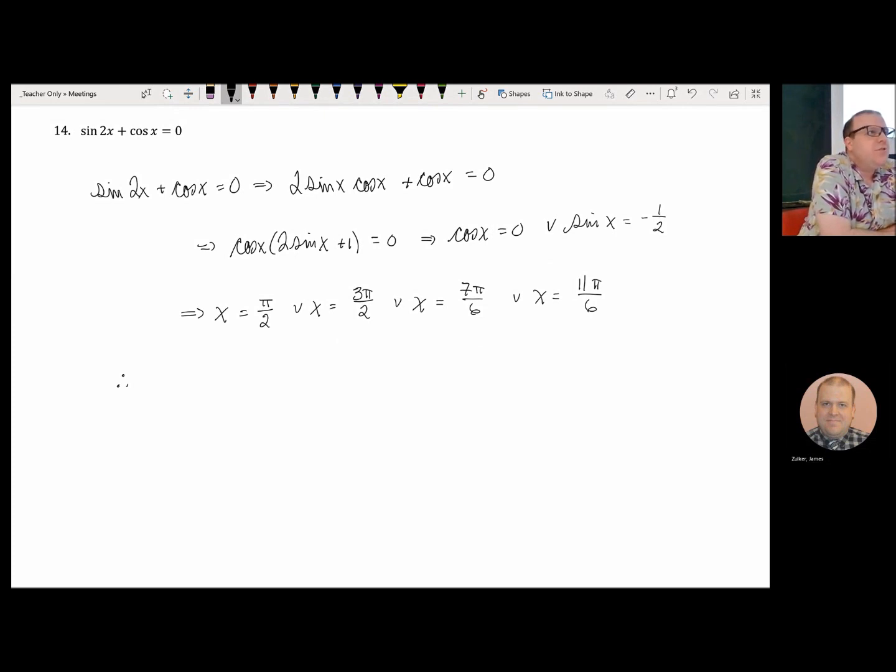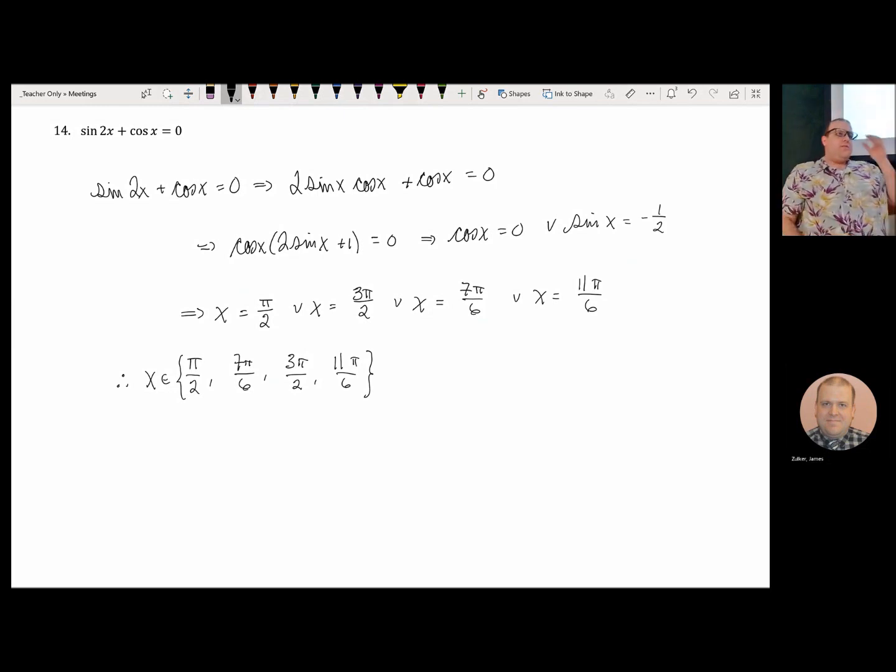Identities don't change the solution. Our solution, that's pi over 2, 7 pi over 6, 3 pi over 2, 11 pi over 6.